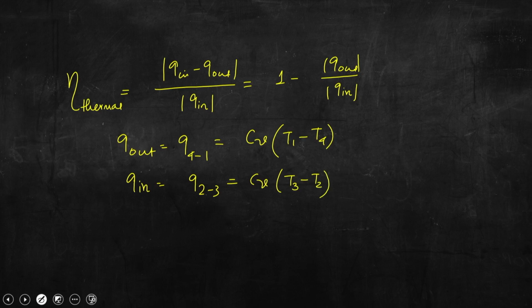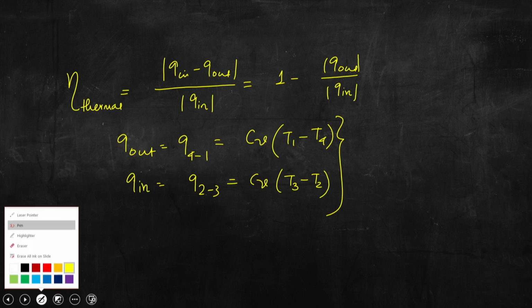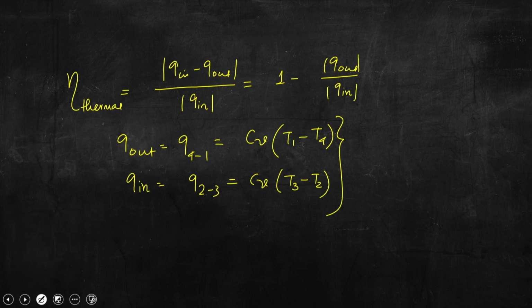Now, using these two quantities, if we try to write the expression, then eta thermal equals 1 minus Cv into T1 minus T4 divided by Cv into T3 minus T2.